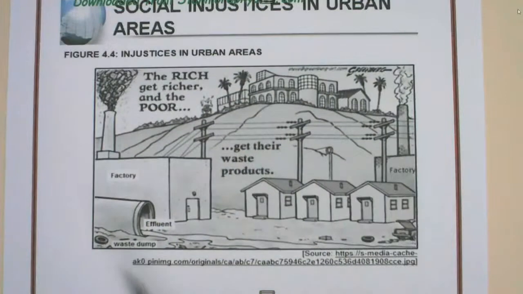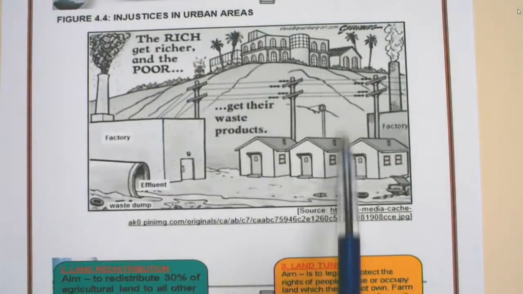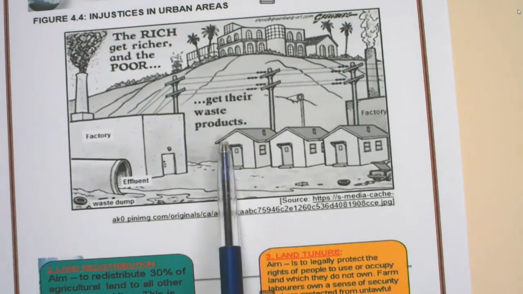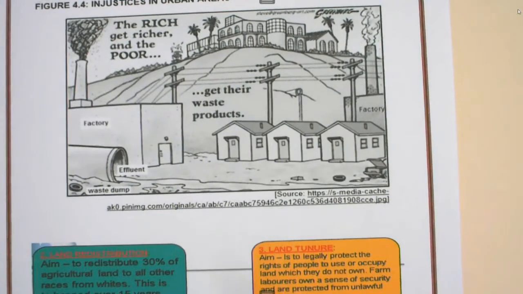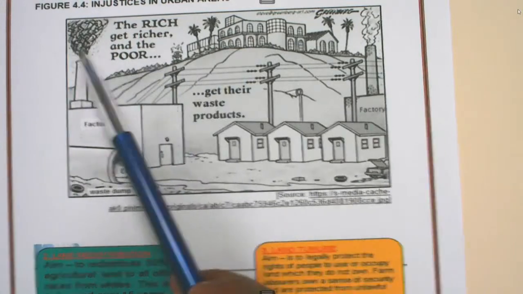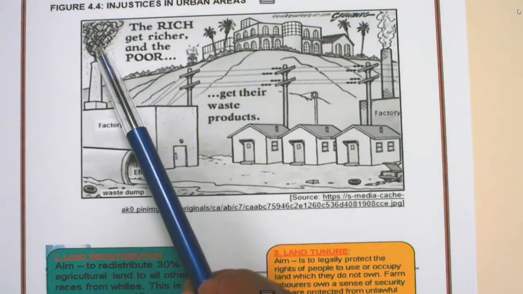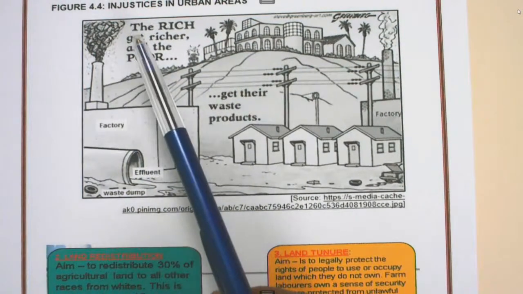Let us look now at the social injustices in urban areas. When you look here, this is an urban area, and we look here, pollution is taking place. This is an injustice.